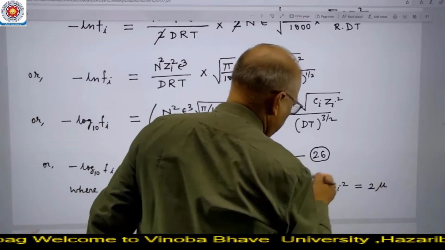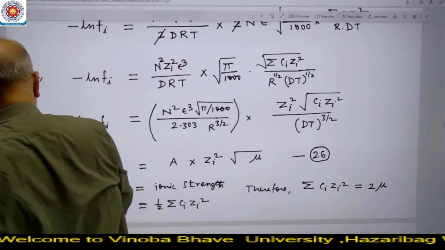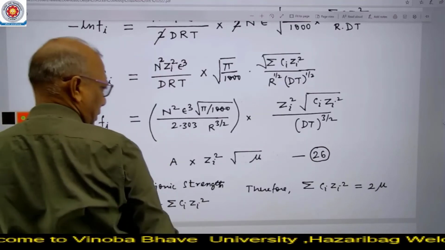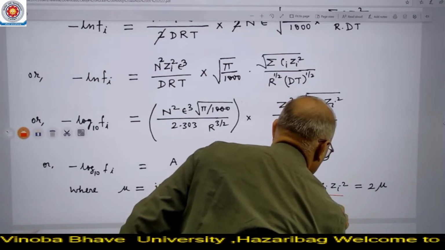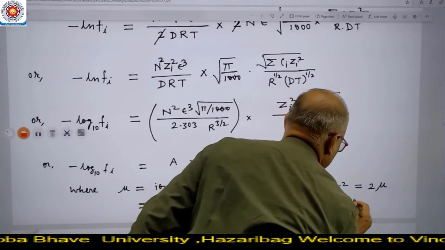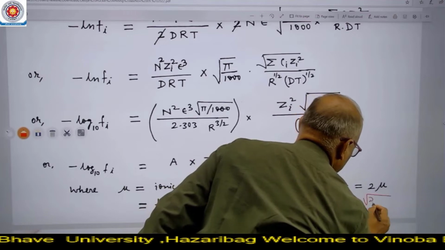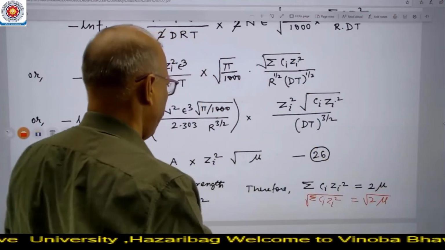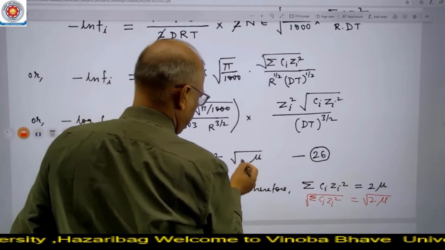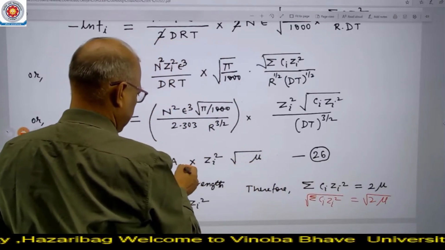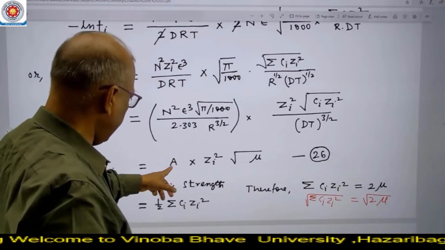So 2 mu is equal to summation Ci Zi square, and if we take the root of this, summation Ci Zi square is equal to under root 2 mu. So here it is mu, 2 is out of this square root, and it is combined with the constant.